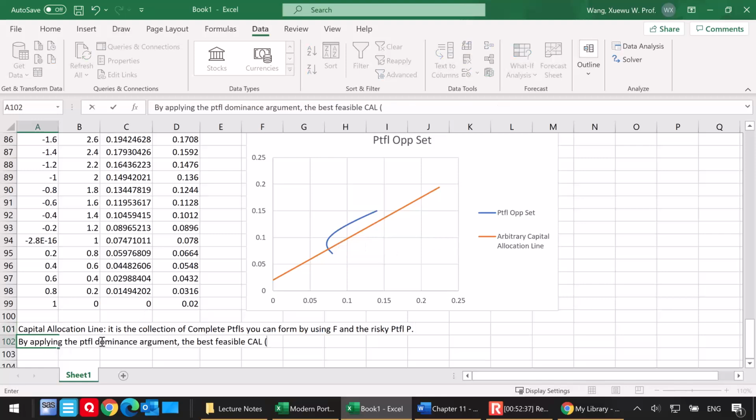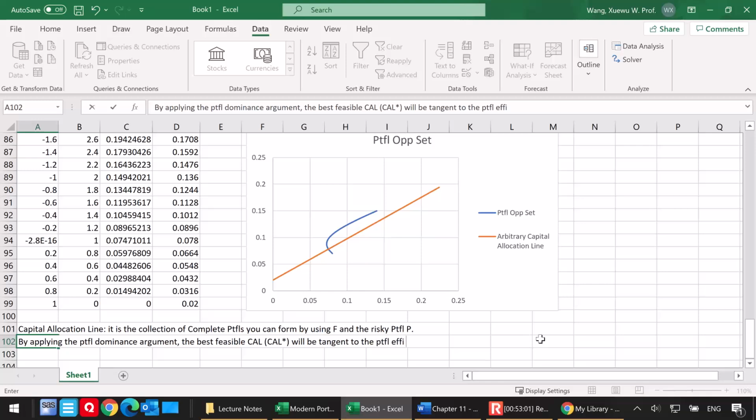CAL stands for capital allocation line. It's called that because now you're allocating your capital between the risk-free and risky portfolio. So CAL star, the best feasible capital allocation line, will be tangent to the portfolio efficient frontier.